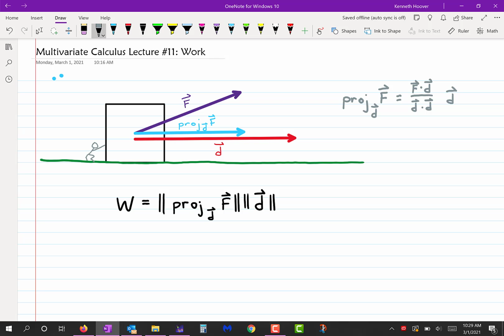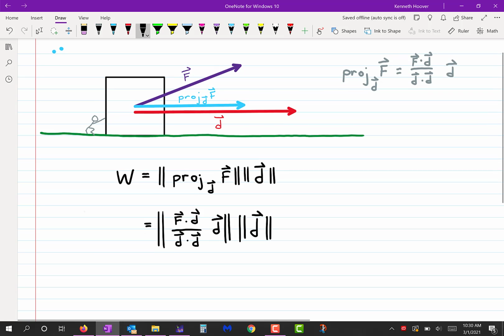Okay, so let's go back to where we're calculating the work then. The work is equal to the magnitude of that. Okay, let's just write that. Times the magnitude of D. Okay. Now, using the properties of magnitudes, this part right here is a scalar, so it can be factored out.